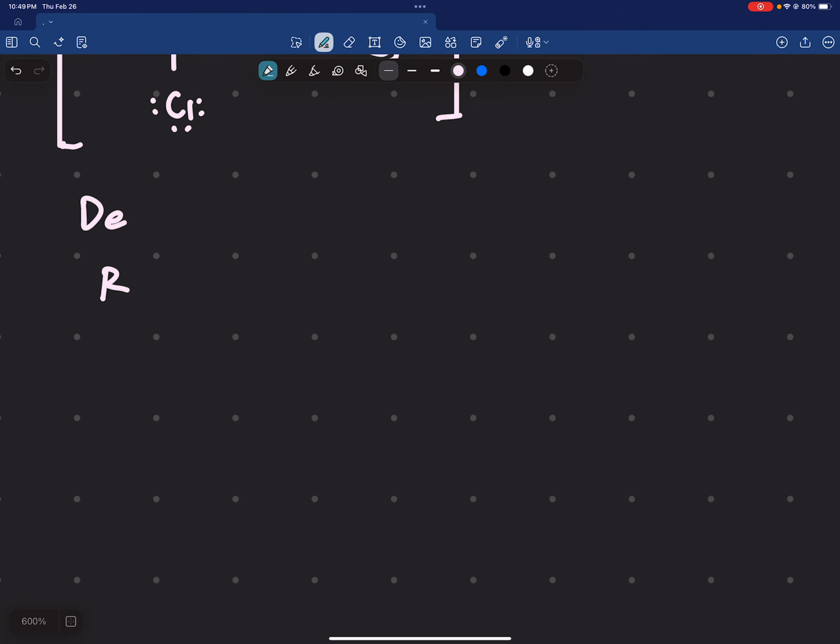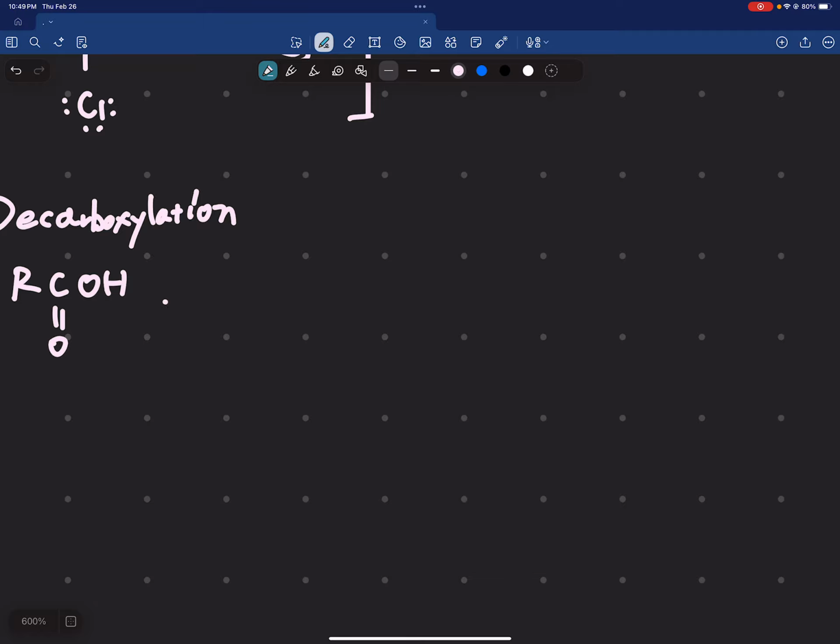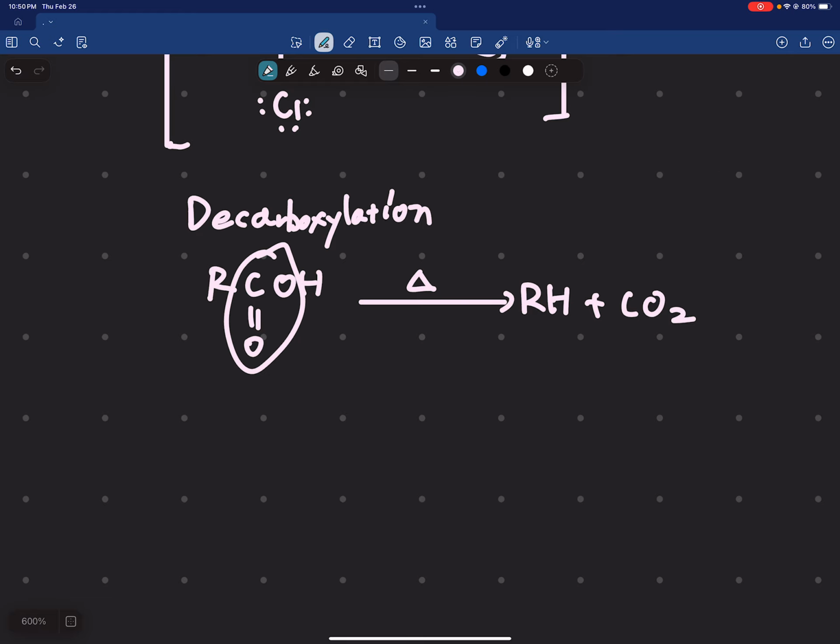So if we were to heat this, it will lose its carbon dioxide here.